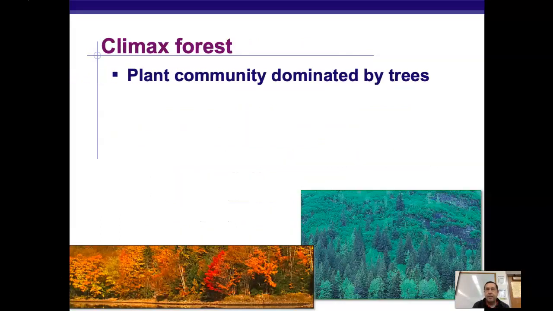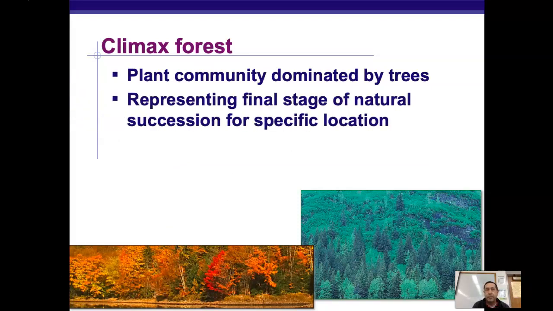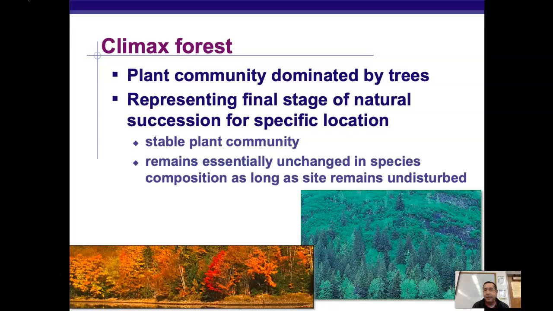A climax community or climax forest is a plant community dominated by trees that represents the final stage of natural succession for a specific location. What kind of forest? Is it actually a forest? It's going to depend on which biome you're in. You get a stable community, remains unchanged in species composition for long times as long as the site is undisturbed.